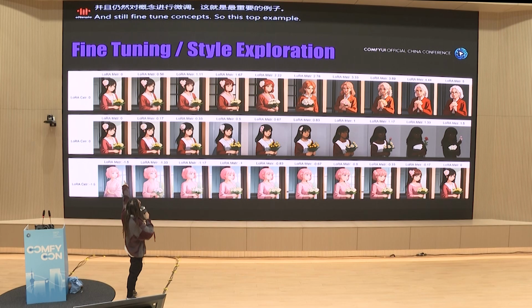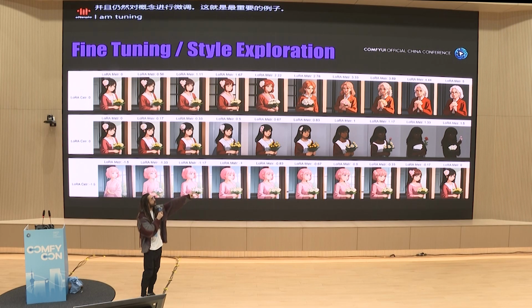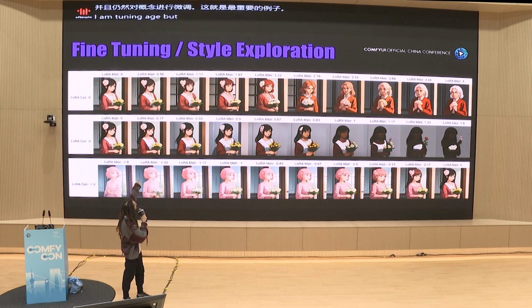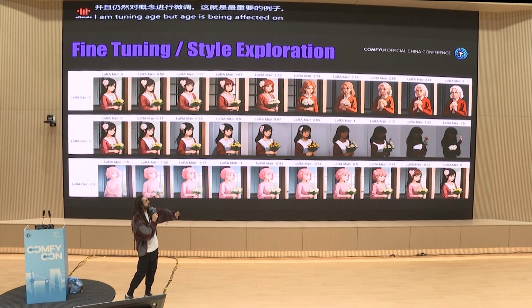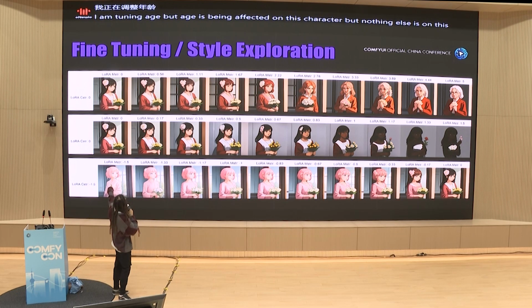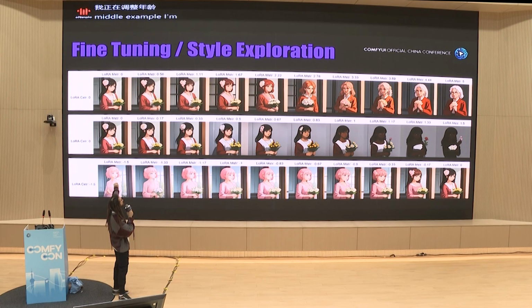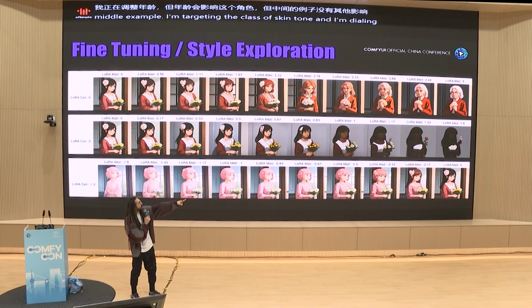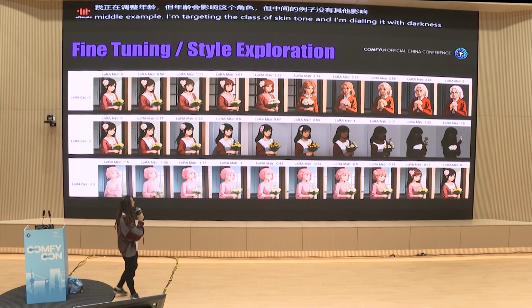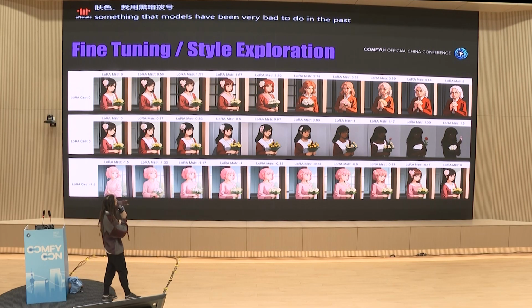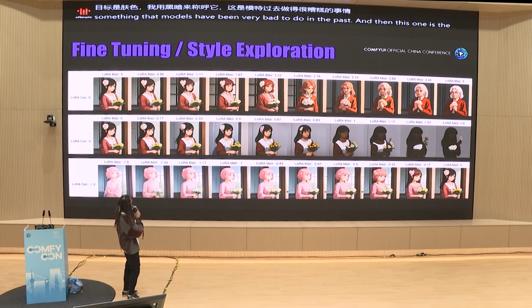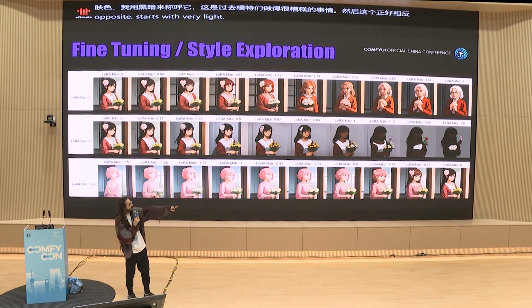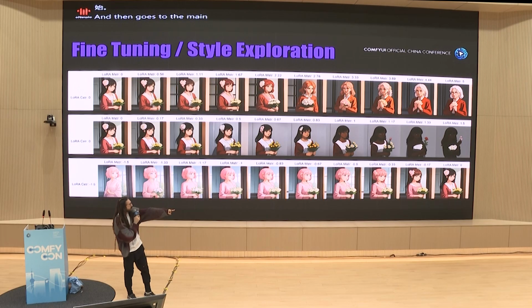So this top example, I am tuning age. But age is being affected on this character, but nothing else is. On this middle example, I'm targeting the class of skin tone, and I'm dialing it with darkness, something that models have been very bad to do in the past. And then this one is the opposite. Starts with very light, and then goes to the main character at the beginning here.